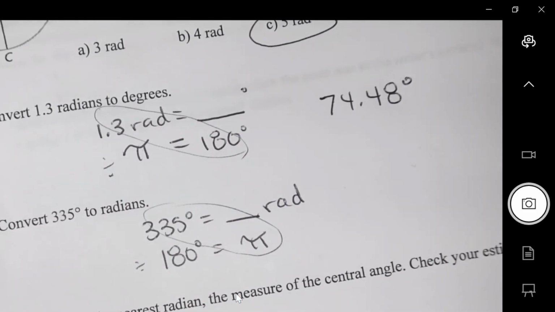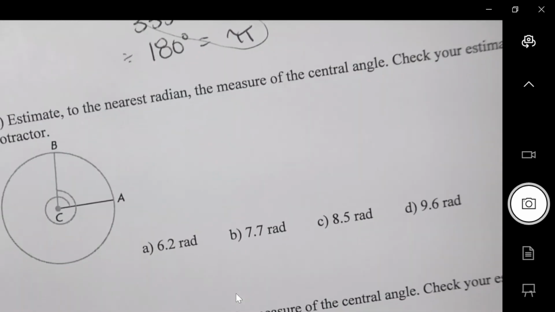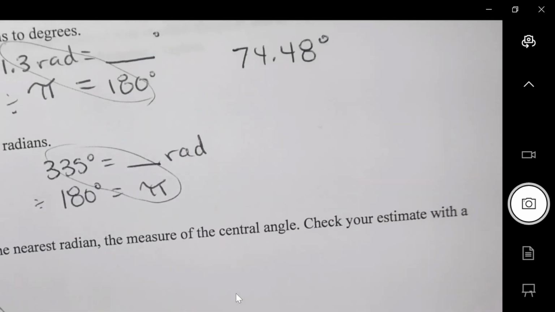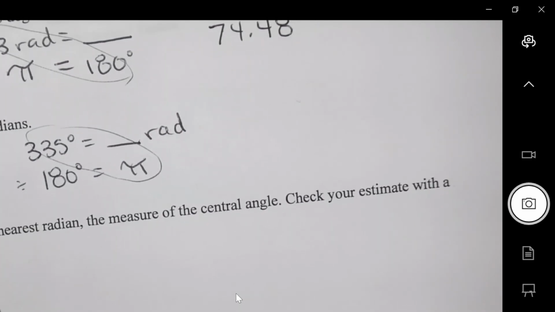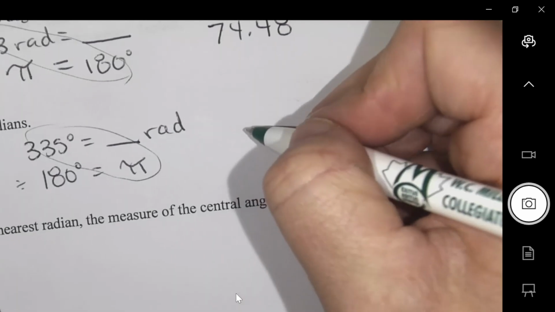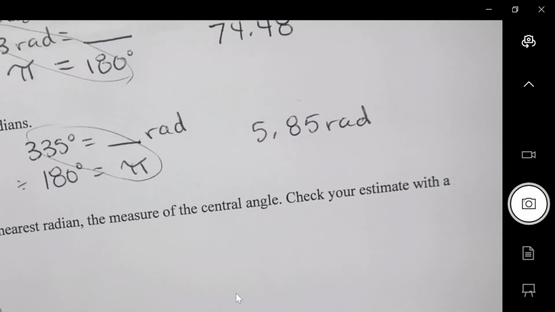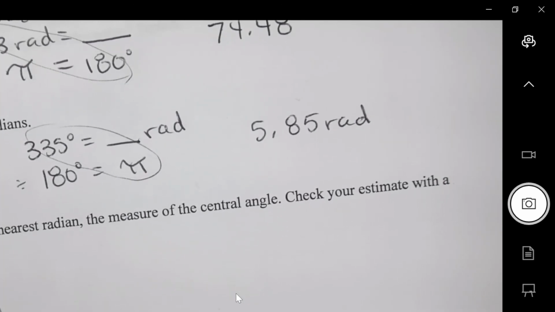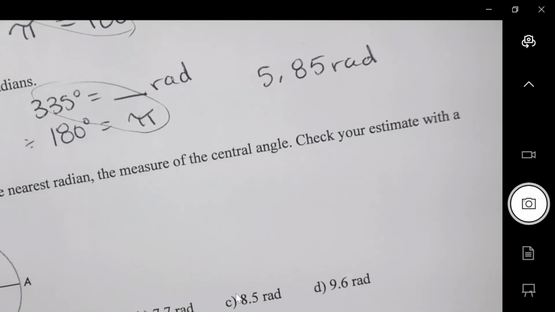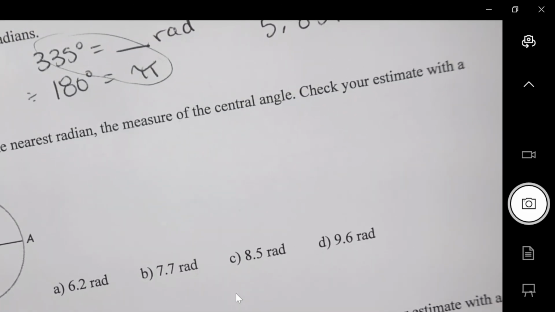Once you have your ratio set up, then say, what am I going to times and divide with cross multiply? Okay, we're good? 5.85.